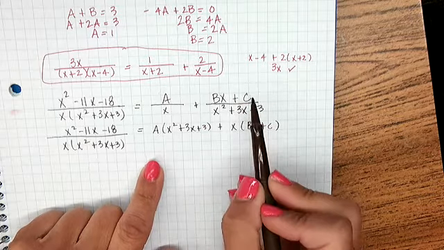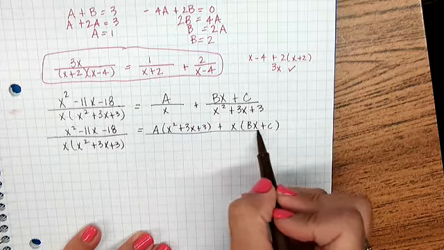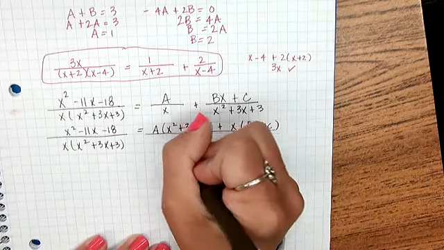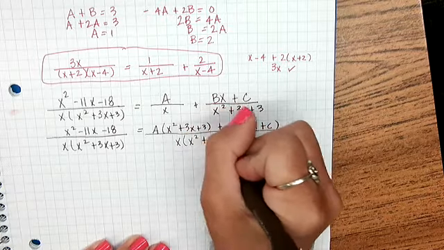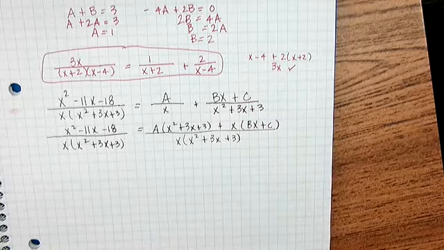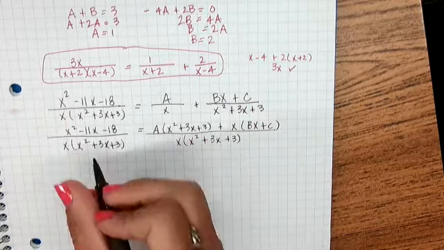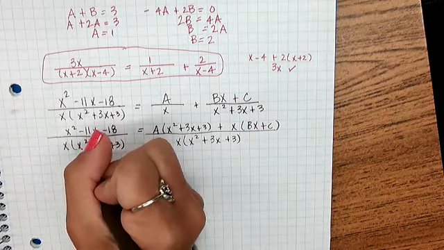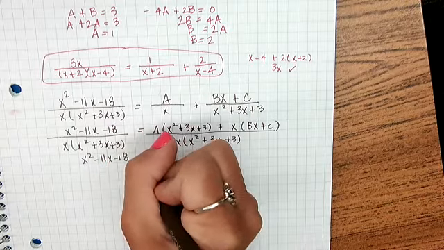The second fraction needs to get multiplied by x. Denominators are the same, numerators are the same. So this is going to be x squared minus 11x minus 18.